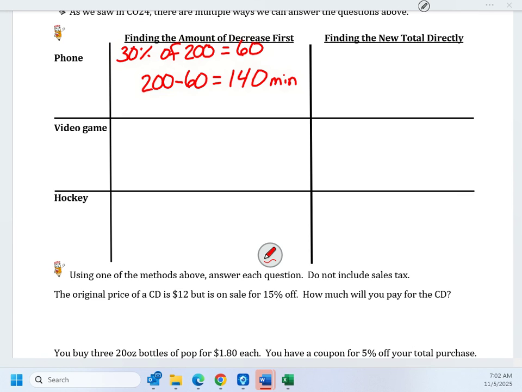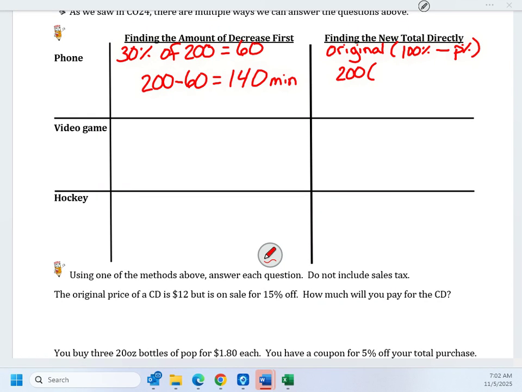original number. Now, if we're doing finding the new total directly, remember, we take the original number, and we're multiplying that by 100%. This time we are subtracting it by that percent. So my original number was the 200 minutes.